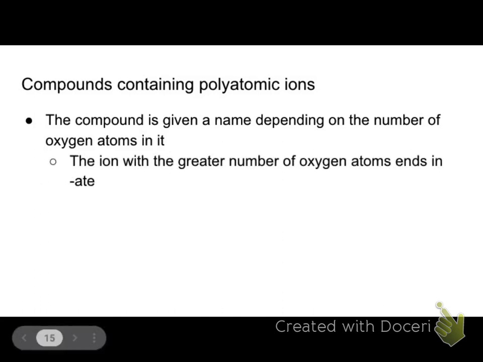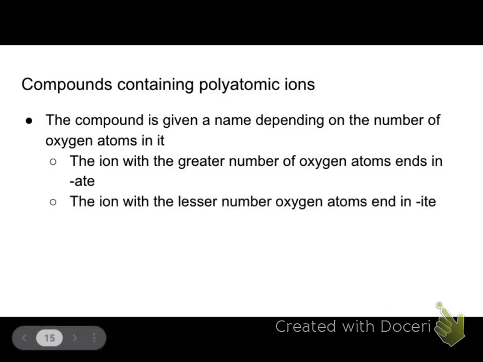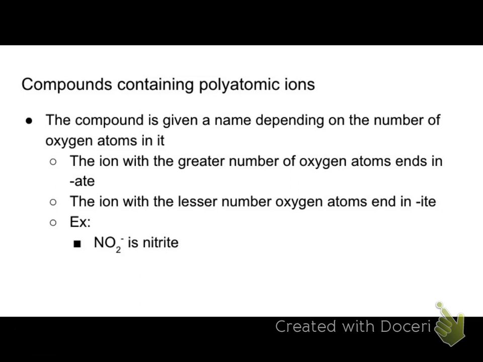Whichever ion has a greater number of oxygen atoms in it is going to end with the suffix ate, and the ion that has the lesser number of oxygen atoms will end in ite. So, to give you an example of that, NO2 has the smaller number of oxygen atoms, so it is nitrite, and NO3 has the greater number of oxygen atoms, so it is nitrate.